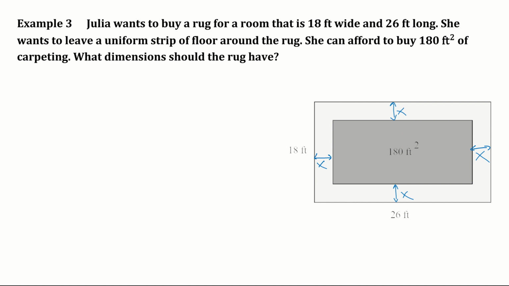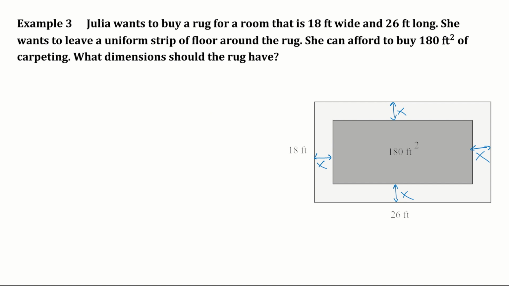Now, we also don't know the length and the width of the rug, right? But we do know that from here to here, in other words, the length of the room itself is 26, right? Now, the length of the rug is not going to be 26, but 26 take away 1x from this side and 1x from that side.